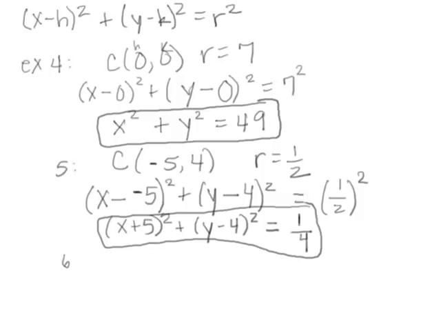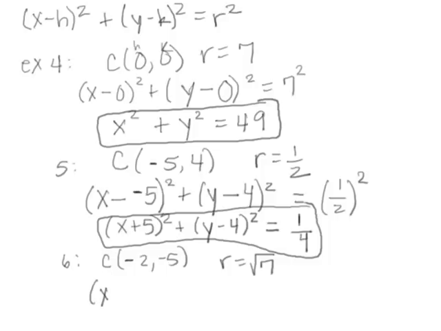All right, final example, and then this will be it. Let's say we have a center, and I just wanted to give you some negatives, and a radius that is radical 7. How will this look? So I'm going to skip over this whole process of minus a negative. I think you should catch on to that by now, just as you saw in Algebra 1.